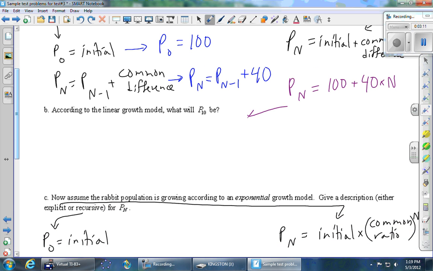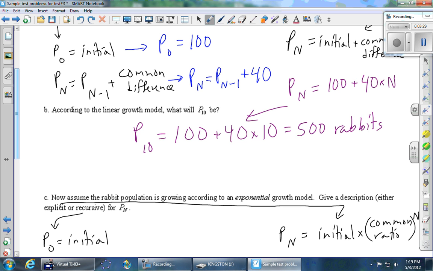I'd much rather use the explicit one here. P10, according to my formula, is 100 plus 40 times n. N is 10 in this case. So we get 100 plus 400, 500 rabbits. Again, the explicit is a whole lot more useful if we can get it.